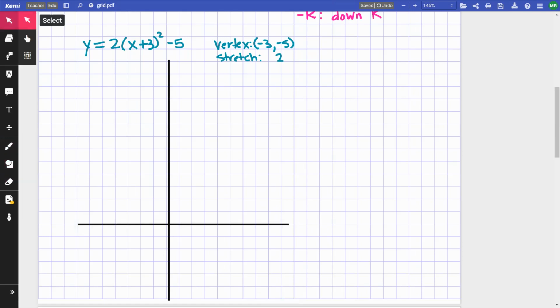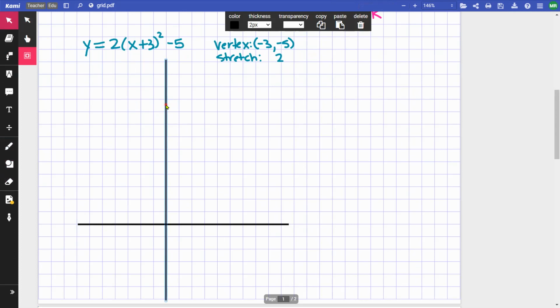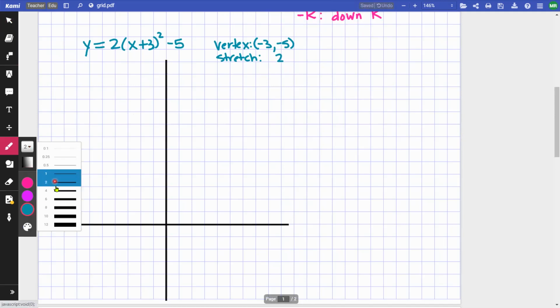So when I'm graphing this, my vertex is going to be at -3, -5. So I am going to go to -3, -1, 2, 3, 4, 5. That's where my vertex is. Now from here, my stretch is 2.